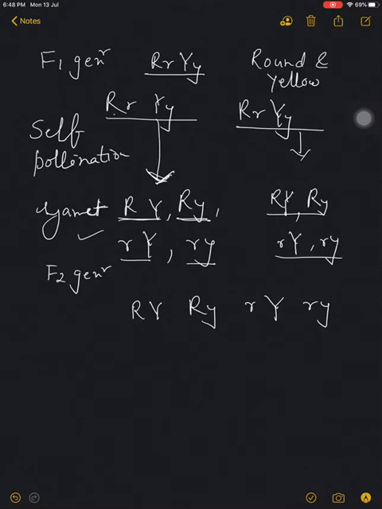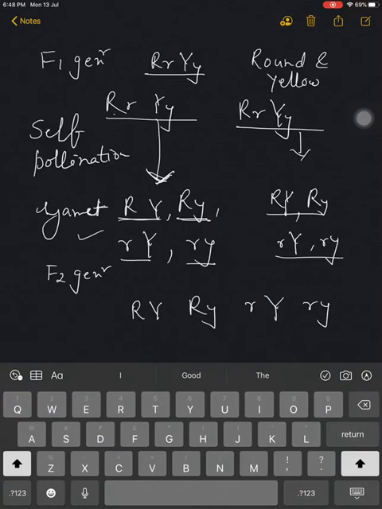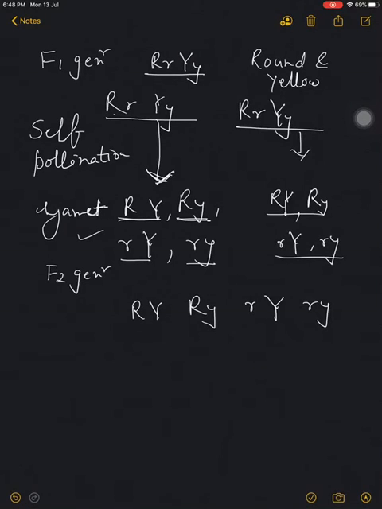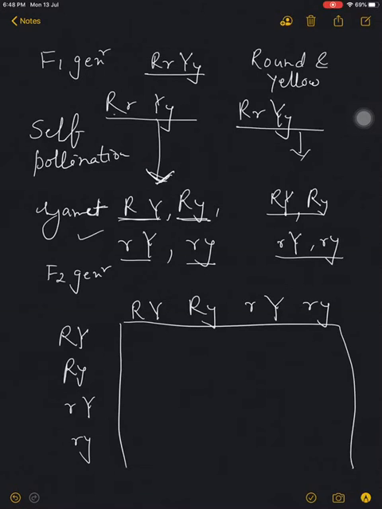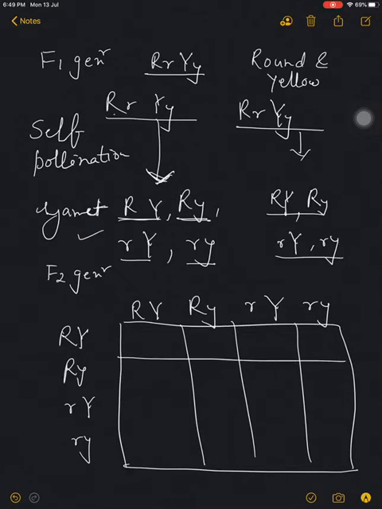After that we write the second parent's gametes on the left-hand side towards the downward direction, which will be the same. Then we make the checkerboard to show what type of offspring will be produced.